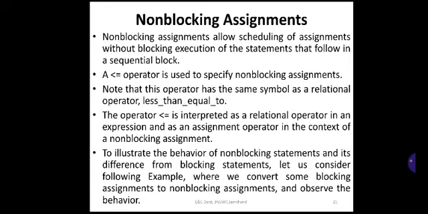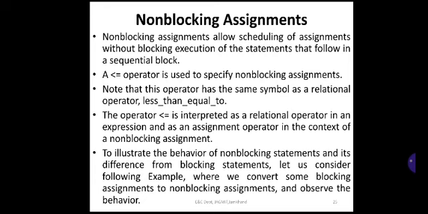If it is used in an expression, it is a relational operator that compares the left hand side and right hand side operands. But in the non-blocking assignment it assigns the right hand side value to the left hand side, that is, an assignment.